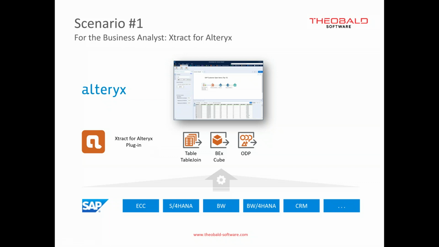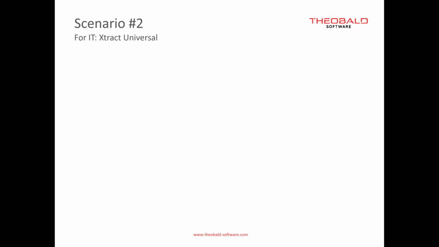Now, there's another solution I'd like to introduce to you, which is more for IT. So if you have, let's say, a more company-wide need to access SAP data, and yes, you want to use that data in Alteryx, but maybe you also want to use that SAP data in other environments.